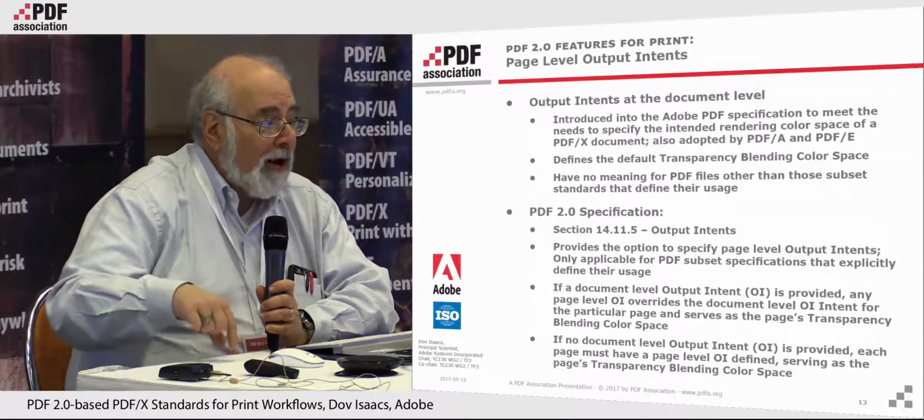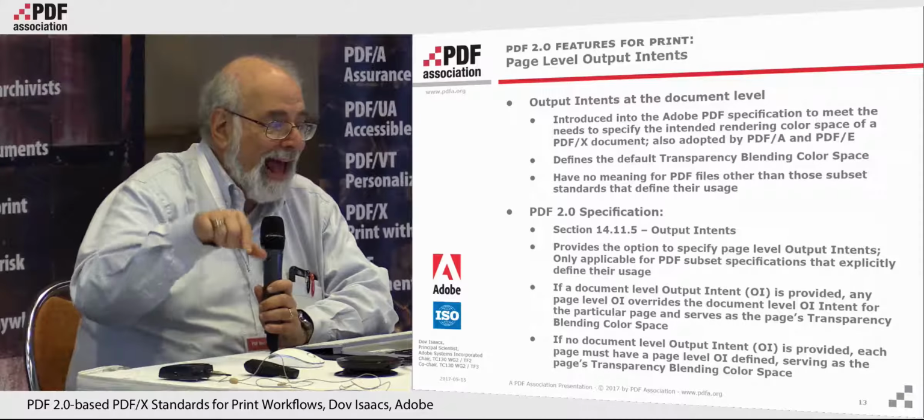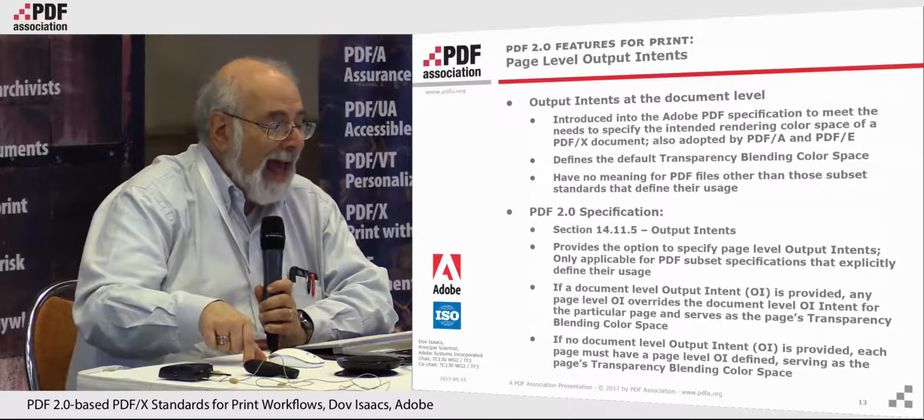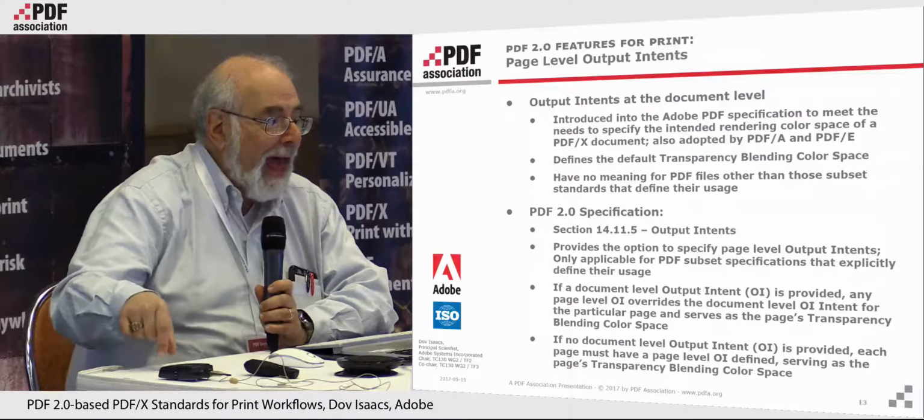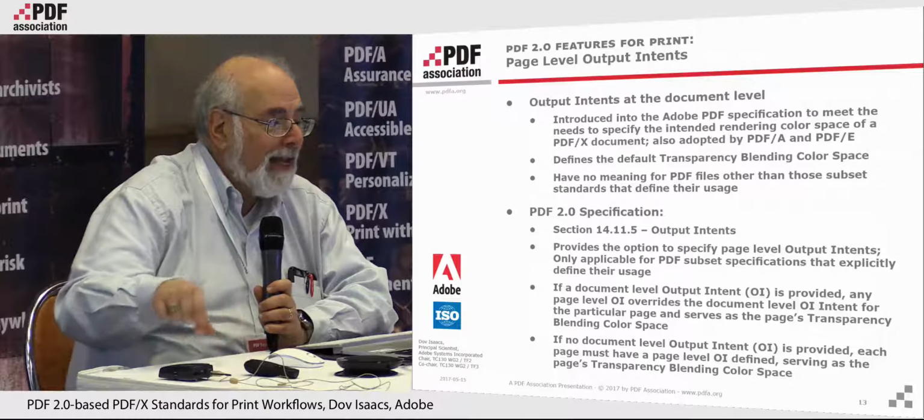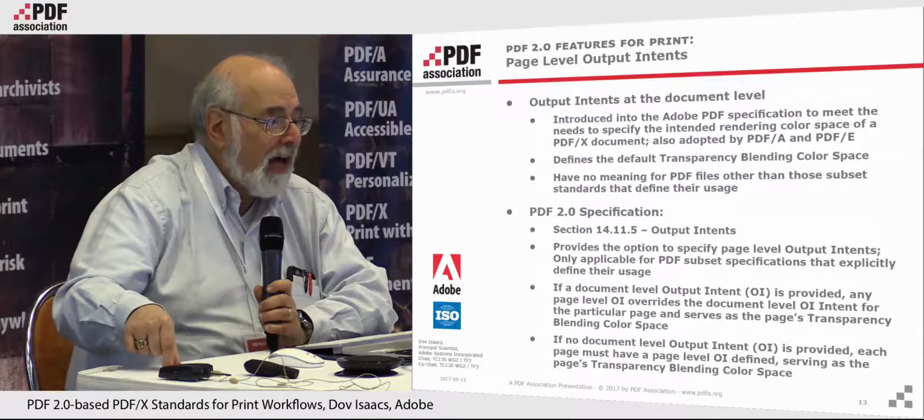They can be the same, they could be different. Or, to make things more interesting, you could specify one at the document level, and then for individual pages, have an output intent that overrides the document one.